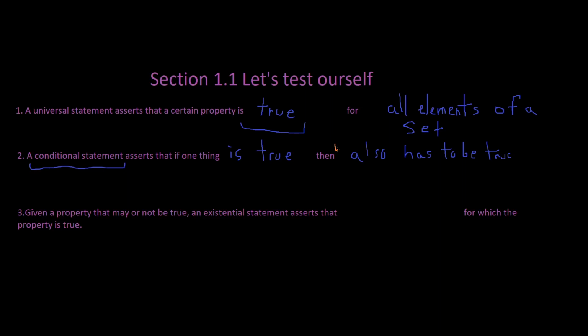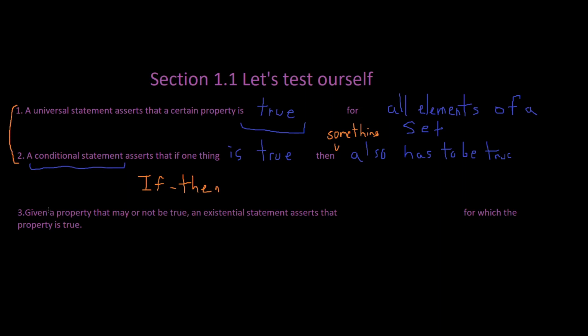So I'll put that there, just so that makes more sense. And so, what are conditional statements? Conditional statements are going to be statements like this: if, and then. So if-then statements, right? If this is true, then something else has to be true. So these are our definitions, the first two.